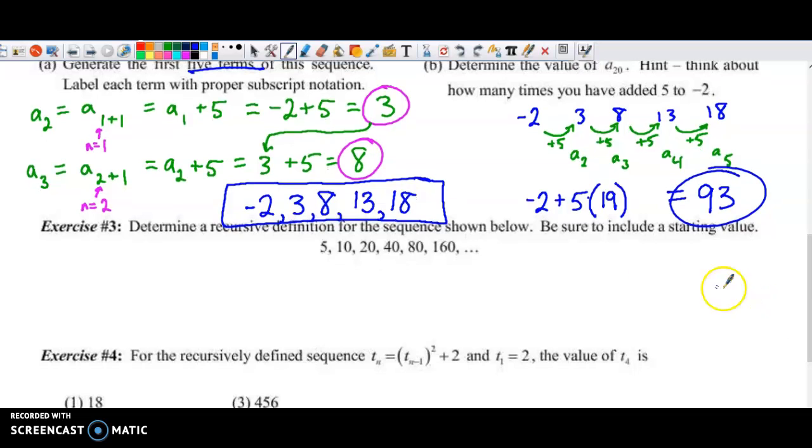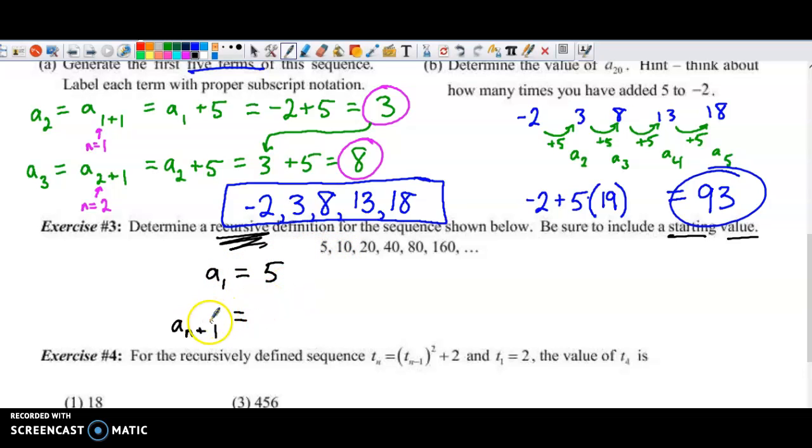The next one is a little bit different, but they want you to practice coming up with a recursive definition. And anytime you come up with a recursive definition, you have to give the first value. So anytime you're given a recursive, you might want to write this down. You have to give me the first term, and then you have to give me the next term. So the first term in this problem, I hope is really easy for you, is 5.